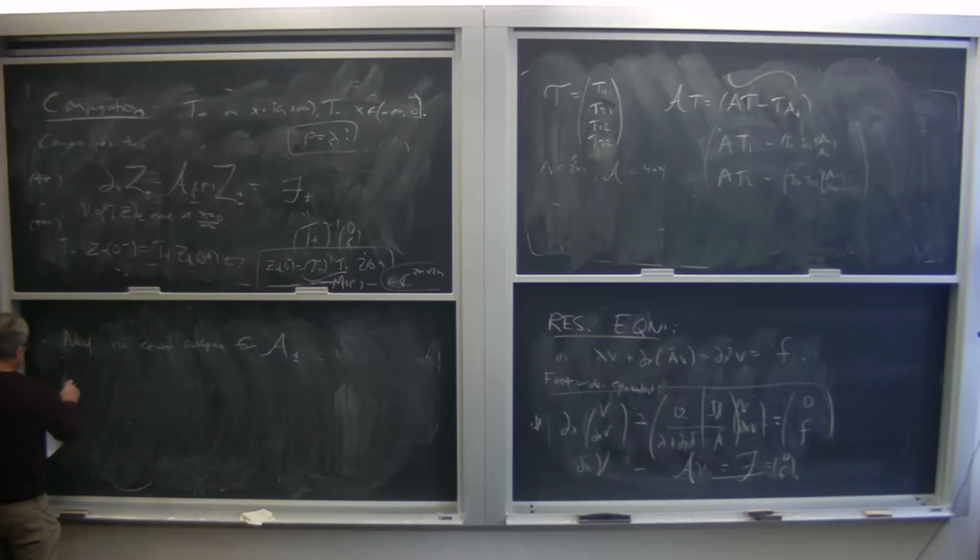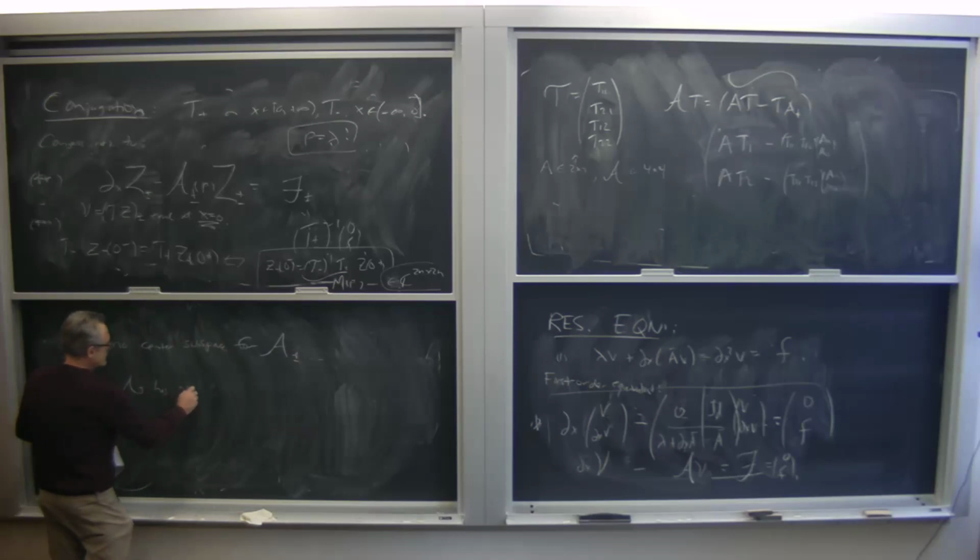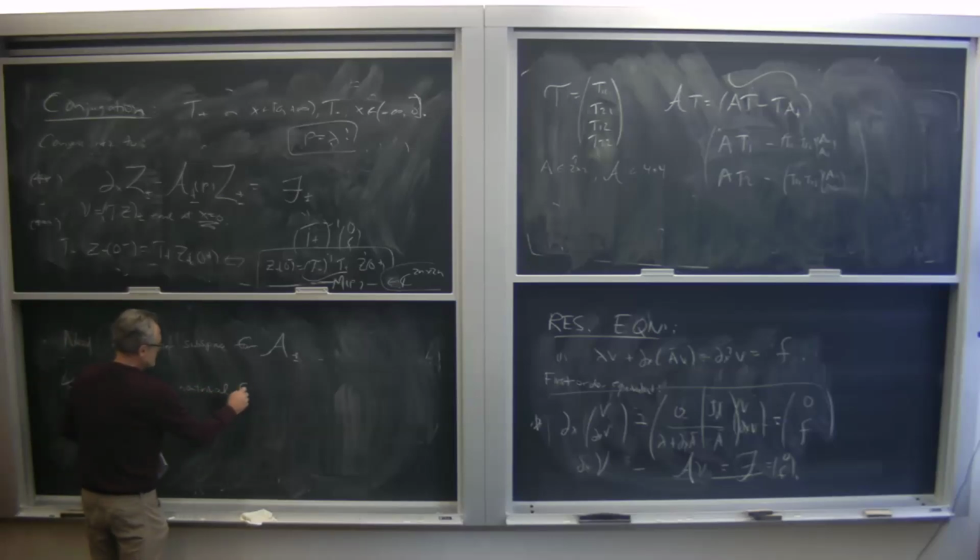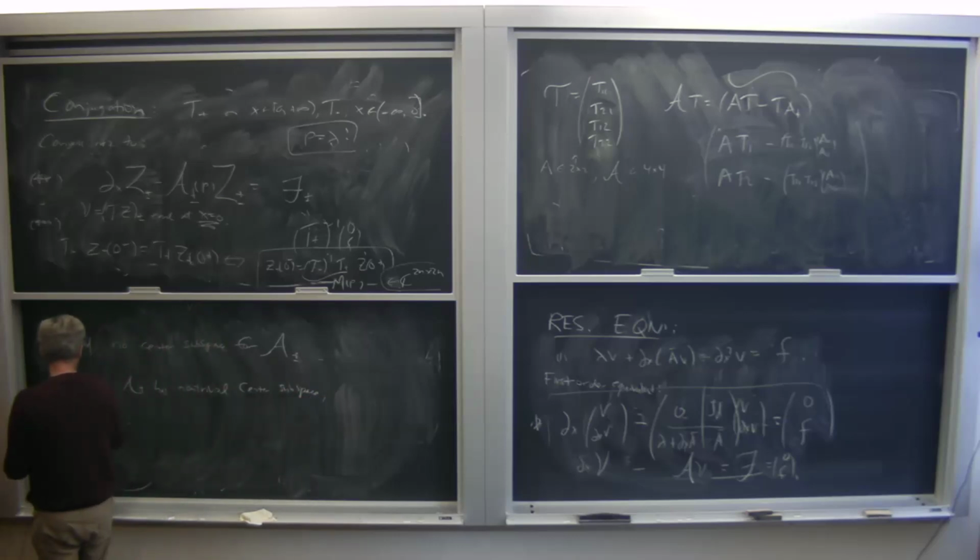But here's a lemma. A plus or minus has non-trivial center subspace if and only if, for our A plus equals A plus of lambda, lambda is lambda j plus or minus of ik.